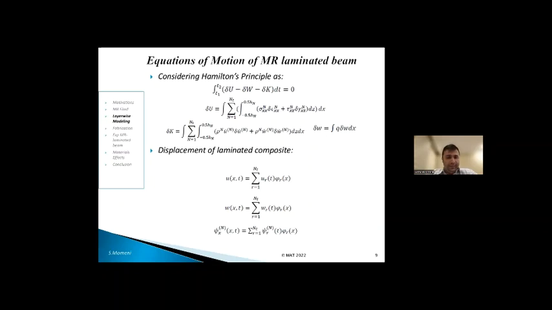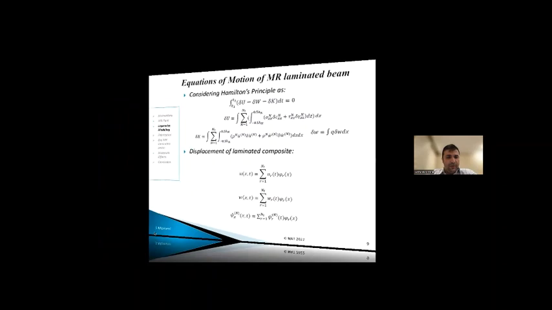In the next slide, I want to talk about the fabrication, but before that, the equation of motion for the nth layer of the MR laminated beam is calculated based on this formula. In the next step, I want to talk about the equation of motion for the 5 layer MR laminated beam.